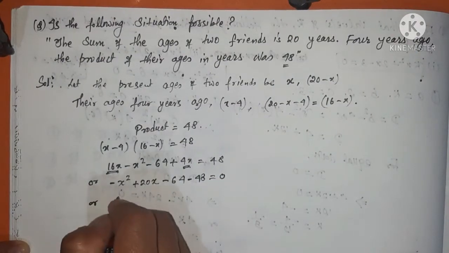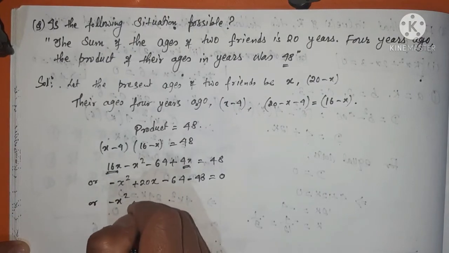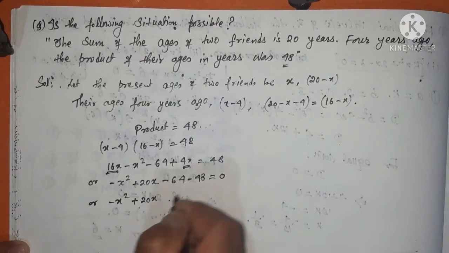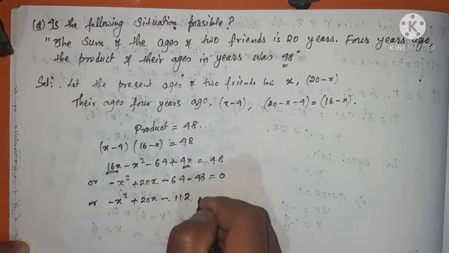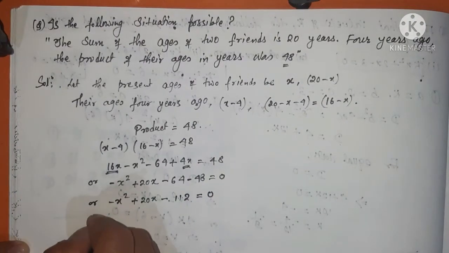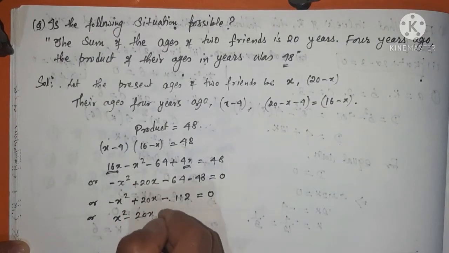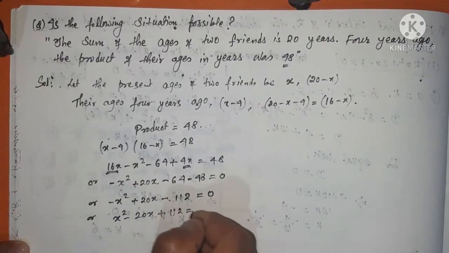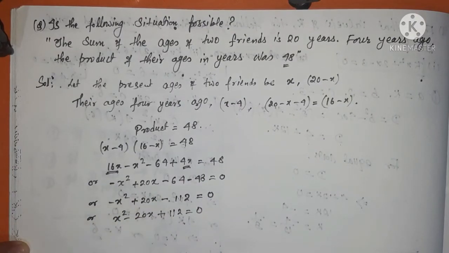Or you can say minus x square plus 20x minus 112 is equal to 0. Or in standard form you can write x square minus 20x plus 112 is equal to 0, multiplying throughout by minus 1 to make the x square positive.